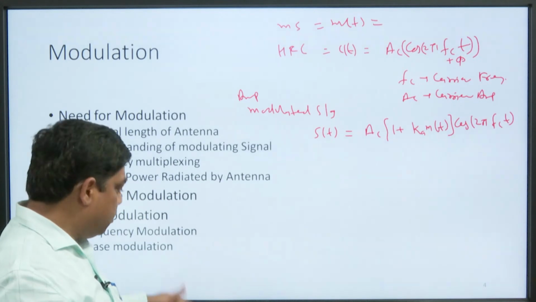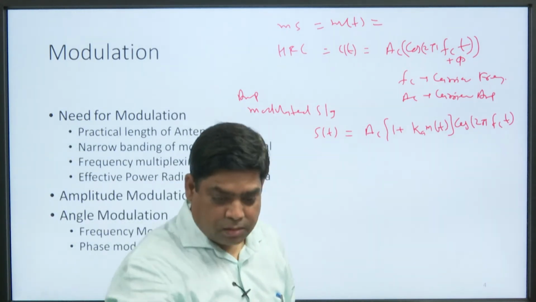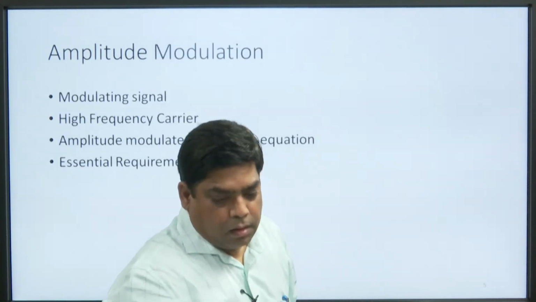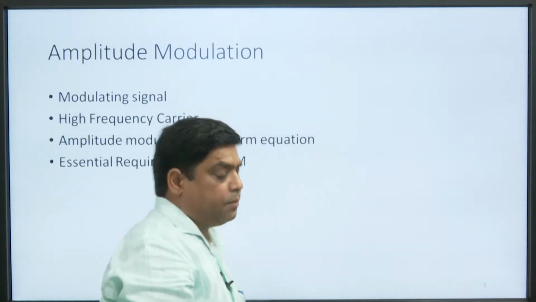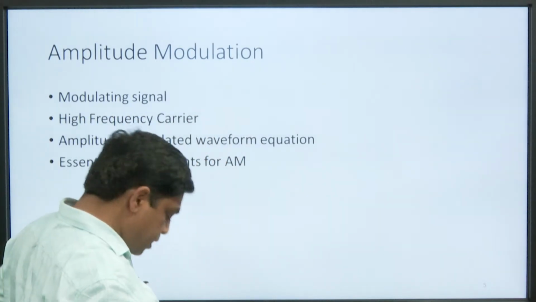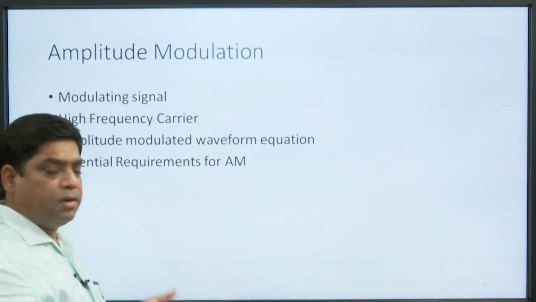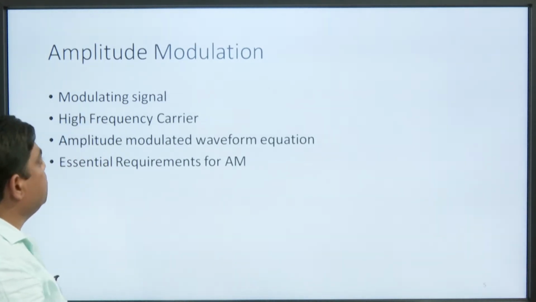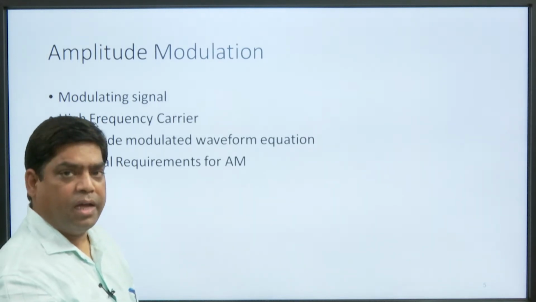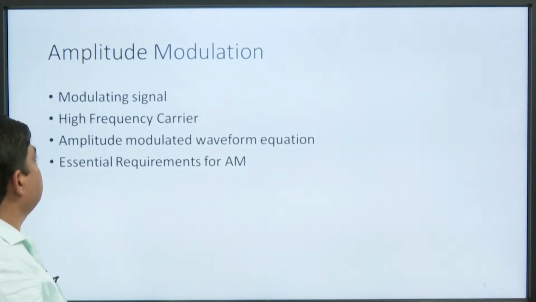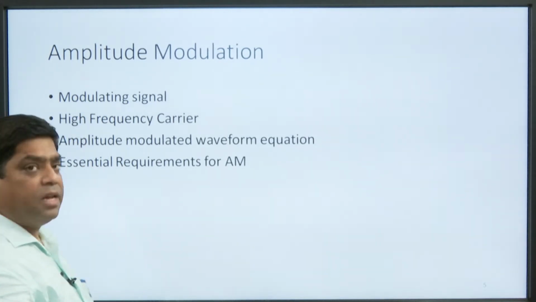Now, in detail we can discuss next amplitude modulation. Once again there is a modulating signal m(t) with some amplitude. It is not high amplitude, but a low amplitude signal, and a high frequency carrier.